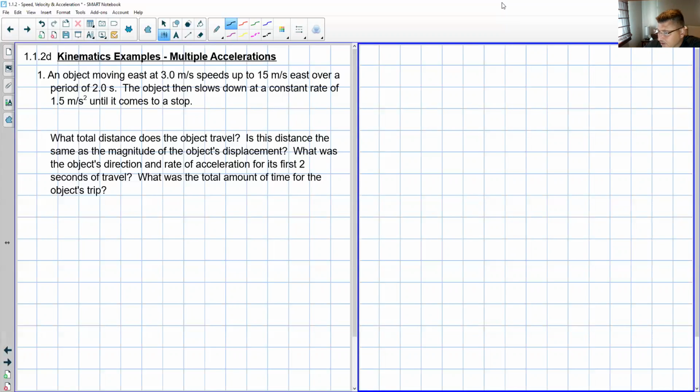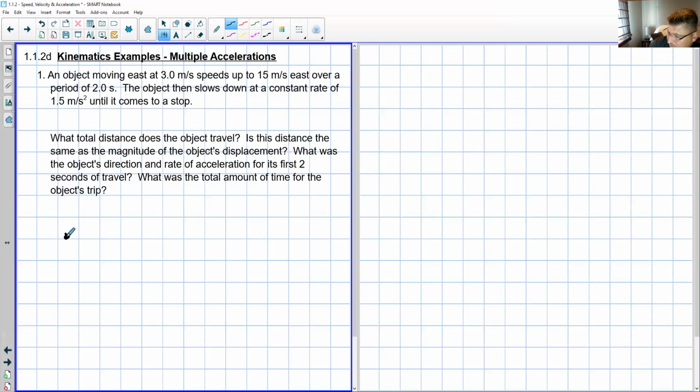So in our first scenario, we have an object moving east at 3 meters per second. So here's my object, and it's moving east at 3 meters per second. And it speeds up to 15 meters per second east.